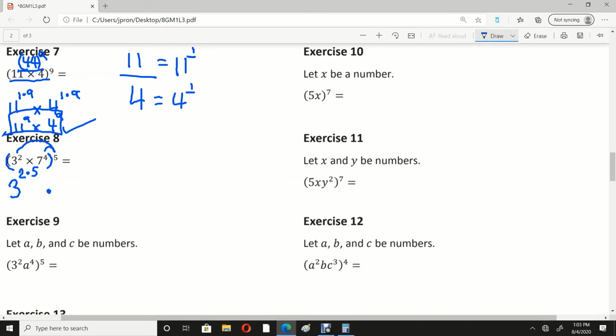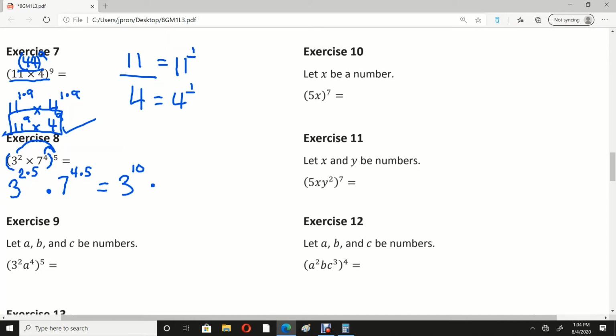And I'm going to put a dot right here instead of an X for multiplication. I think that's cleaner. Anyway, we're going to multiply the 5 times the exponent over the 7. So we'll have 7 to the 4 times 5 power. And now we're going to simplify these even further because we can actually multiply 2 times 5 here and we'll get 3 to the 10th power times 7 to the 20th power.